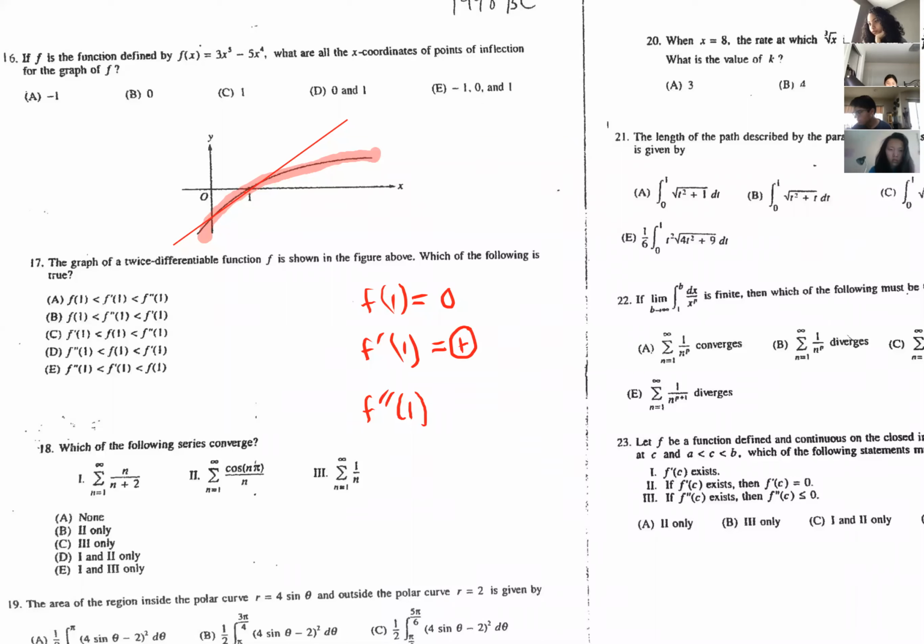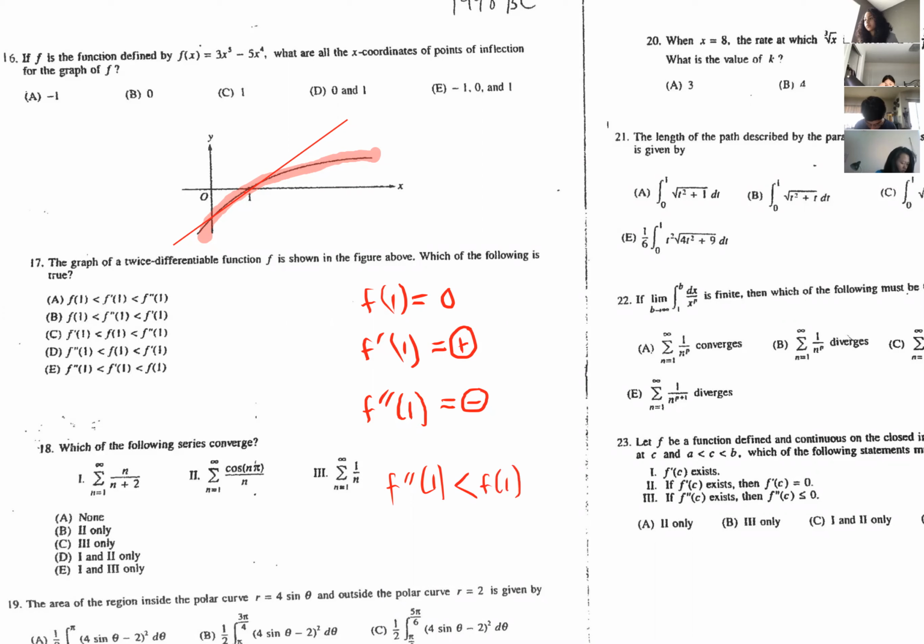So we know this is going to be negative. Out of these three, the smallest one is going to be f double prime of 1, because a negative is smaller than any of the others. Then 0 is f of 1, which is in the middle.